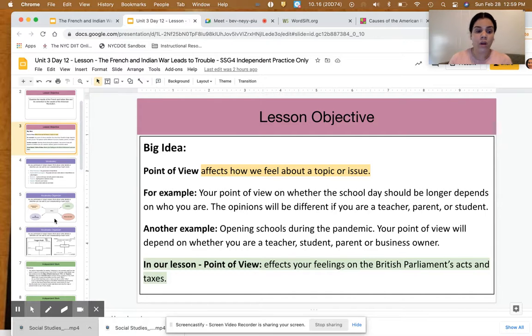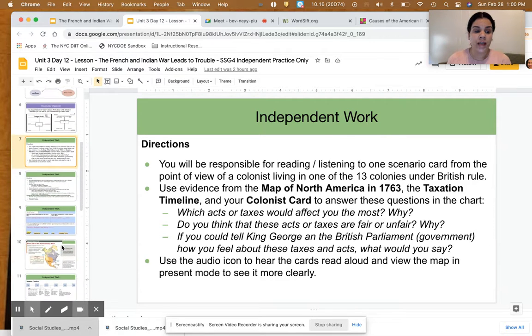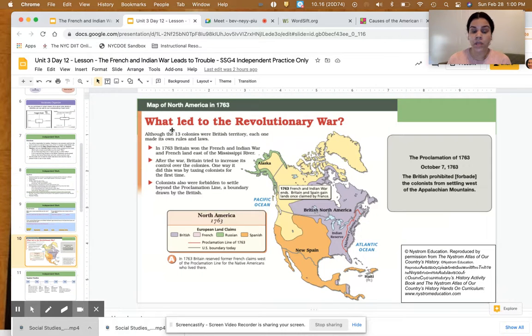Okay, so for independent practice today, you're going to be responsible for reading and listening to one of the scenario cards or colonist cards from the point of view of a colonist living in one of the 13 colonies under British rule. You're going to use evidence from the map of North America in 1763, which we saw in our introduction.